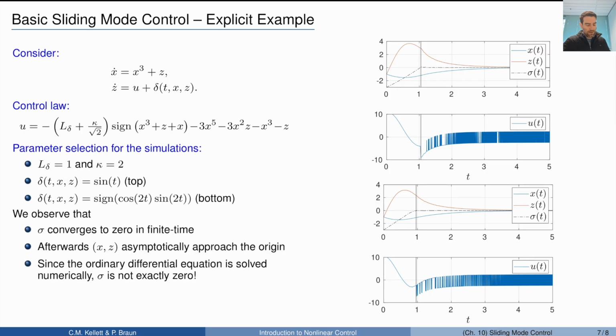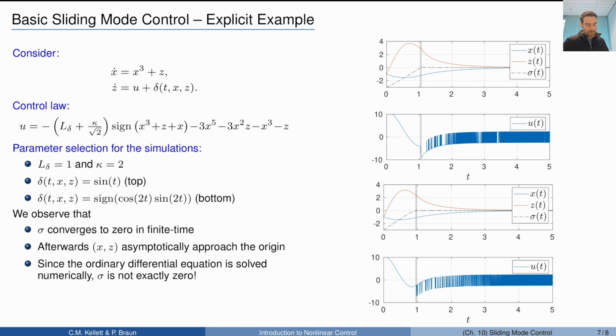And what we observe is that, as we would expect, hopefully, that sigma converges to 0 in finite time. And so we see here that sigma starts negative and then converges to 0 in finite time. Similarly over here, and it's highlighted at what time 0 is reached.